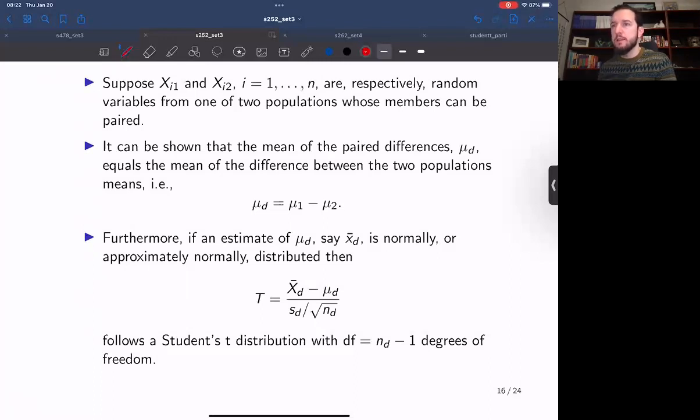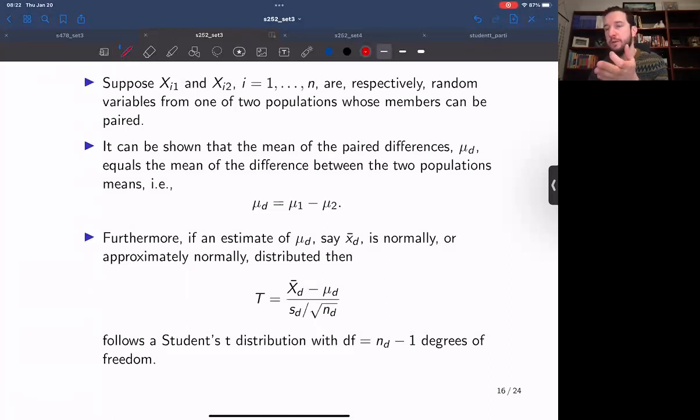X bar little d is the sample mean of the differences between the two sets of measurements. So essentially, with a dependent two sample t-test, there is a pre-processing step where before you can actually run the test, you have to compute all the differences between the two sets of measurements. And I'll show you an example of this momentarily.